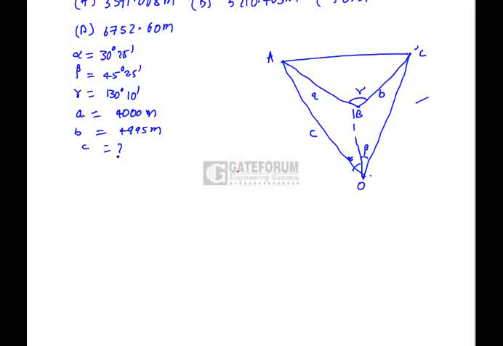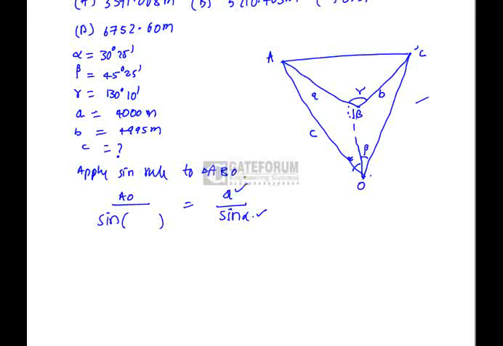By applying the sine rule to triangle ABO, c, that is AO, over the sine of this angle is equal to a over sine alpha.